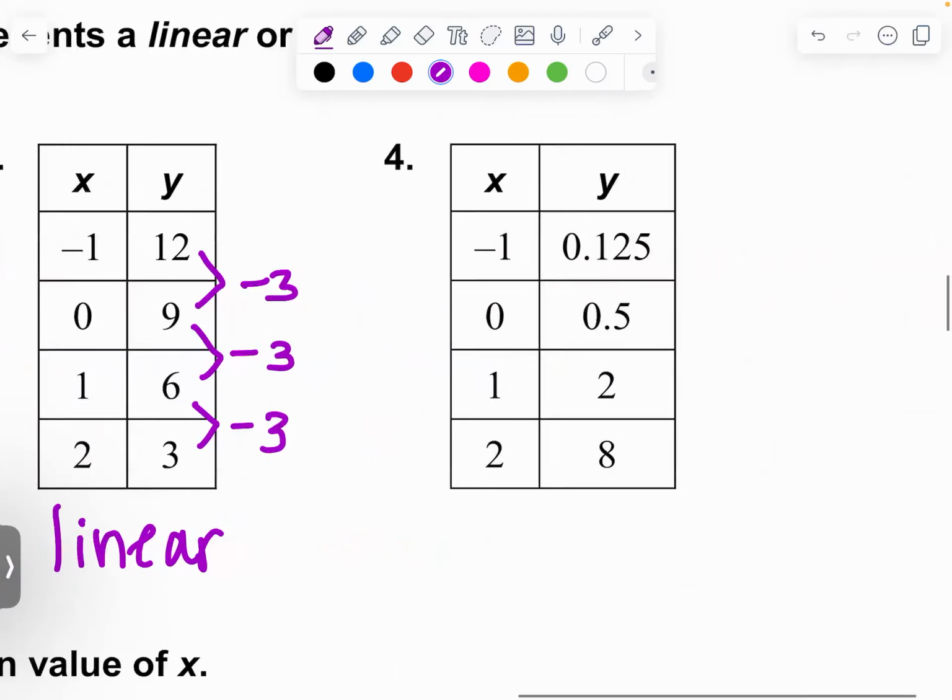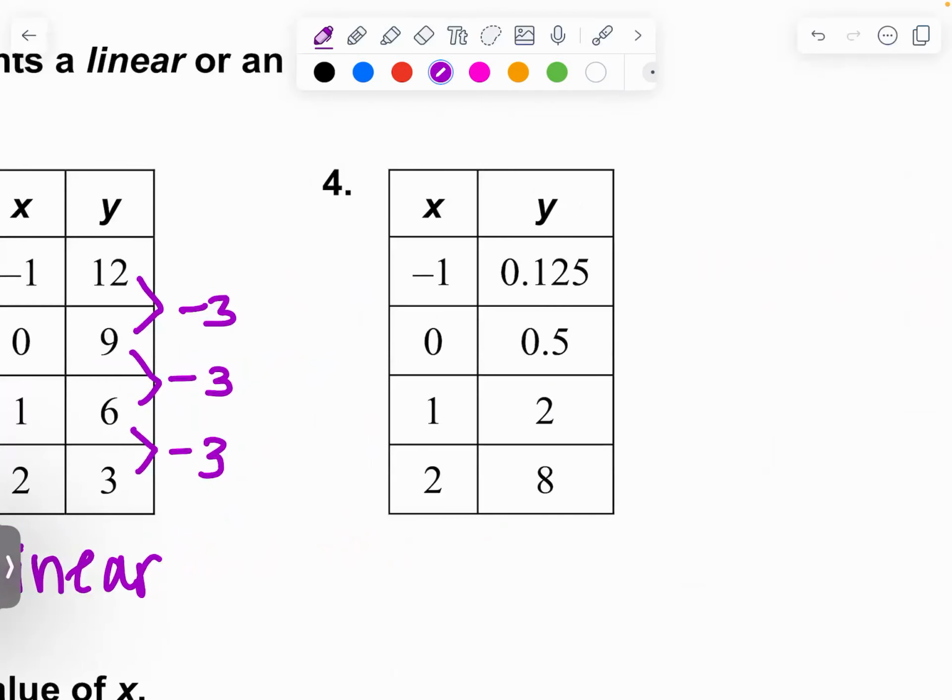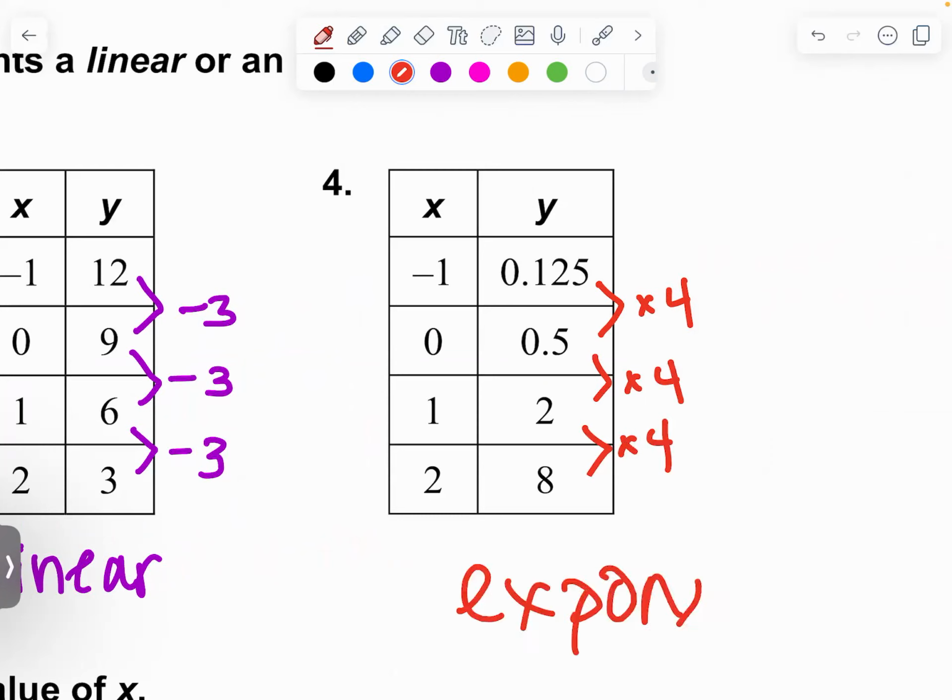Now, what do you notice about number 4, Kyron? We are multiplying by 4 from y value to y value, so this is exponential. Yes, and this would be exponential growth because we're multiplying by a number bigger than 1.